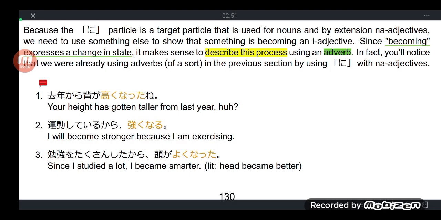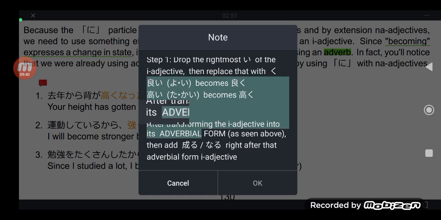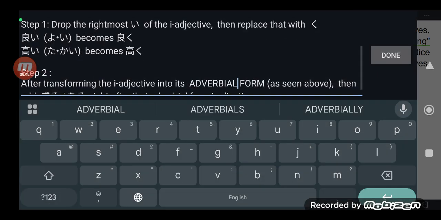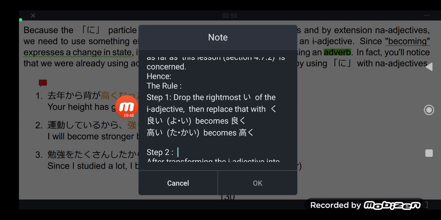Step 1. Sorry, minasan. Moshiwake arimasen. Okay, step 1.